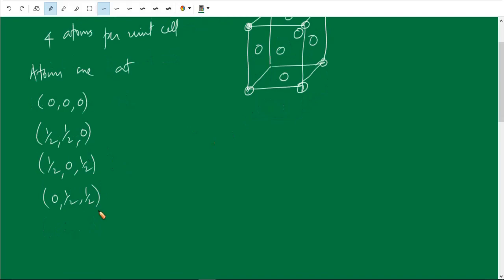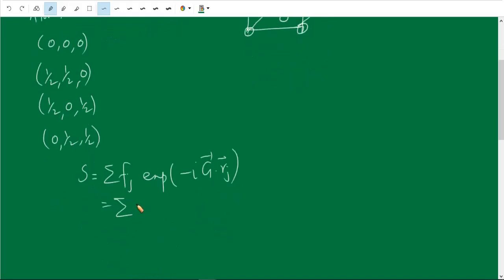Okay. So substituting the values in the expression for the structure factor, S is equal to summation fj exponential minus i g dot rj. So we have found out this value. If you substitute the values here, what happens?